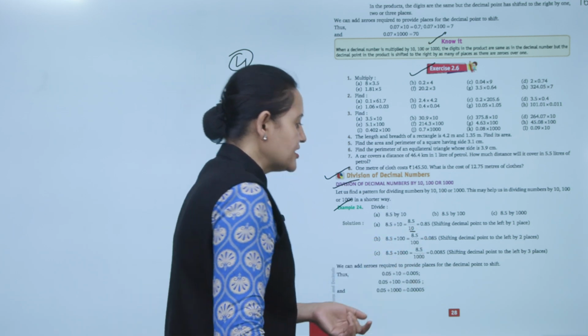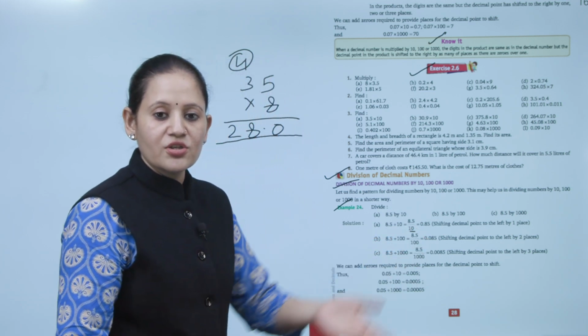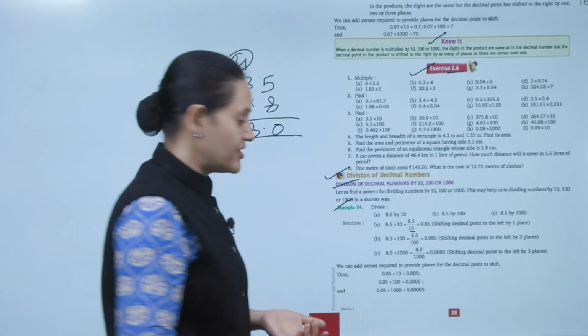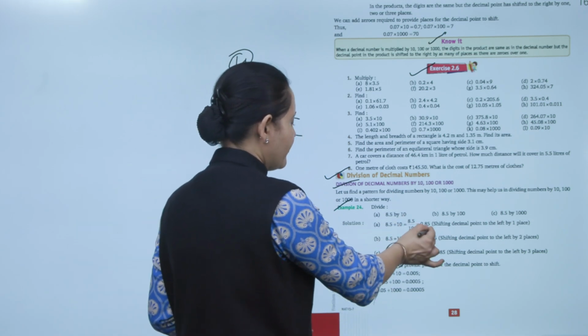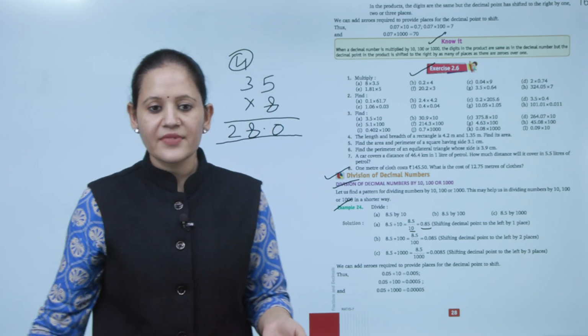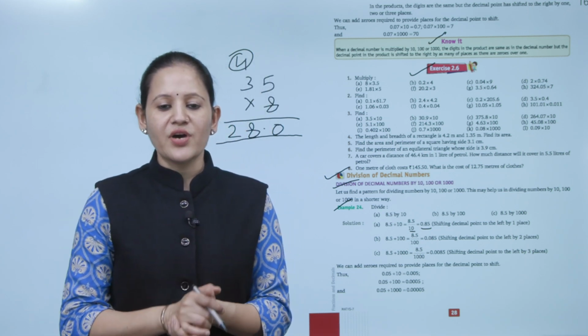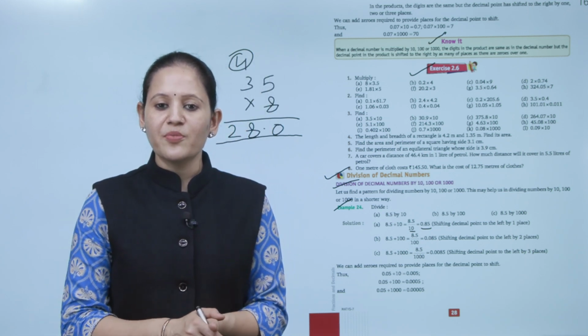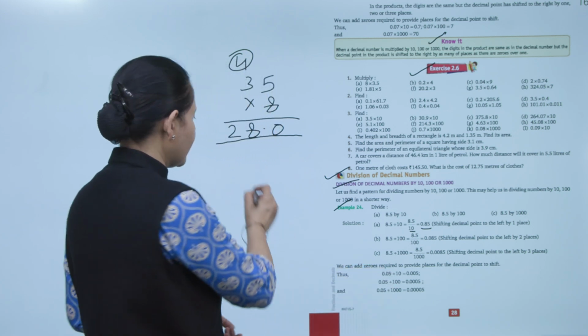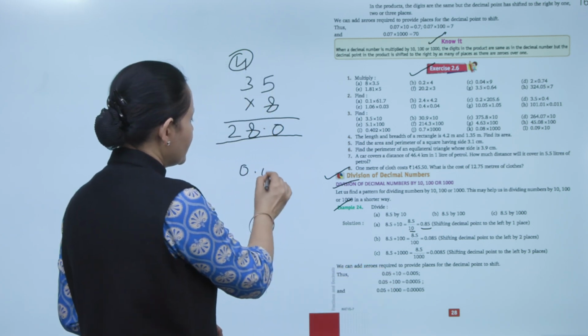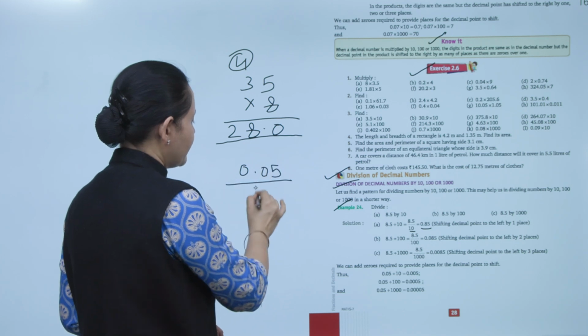So we'll shift the decimal point 1 place to the left. So that is equals to 0.85. Clear? We can add zeros as required to provide places for the decimal point to shift. Like here, 0.05 को 10 से divide करना है. 0.05 divided by 10.